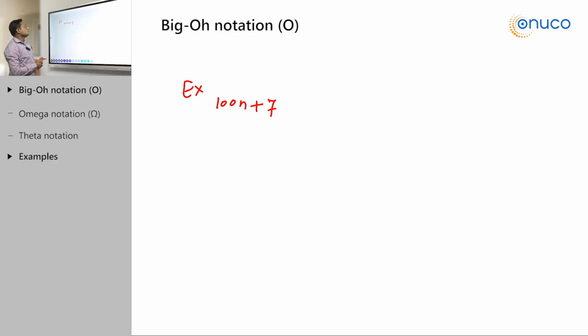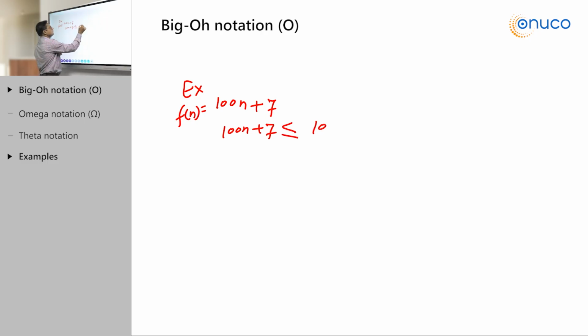It means if this is f of n, then we have to find g of n in such a way that f of n has lesser order of growth than g of n. So can we write 100n plus 7 is less than or equal to 100n plus n, in place of 7, since 7 is a constant value.